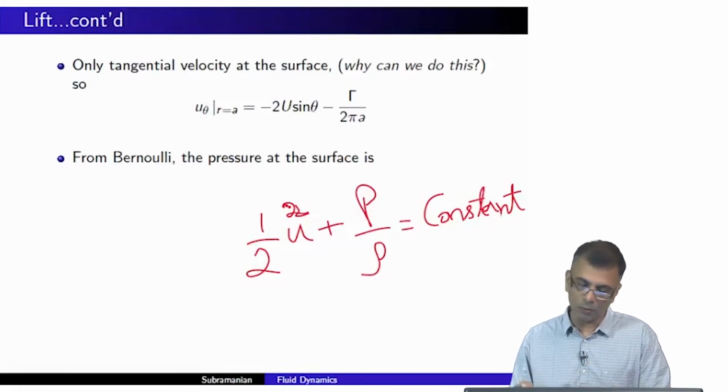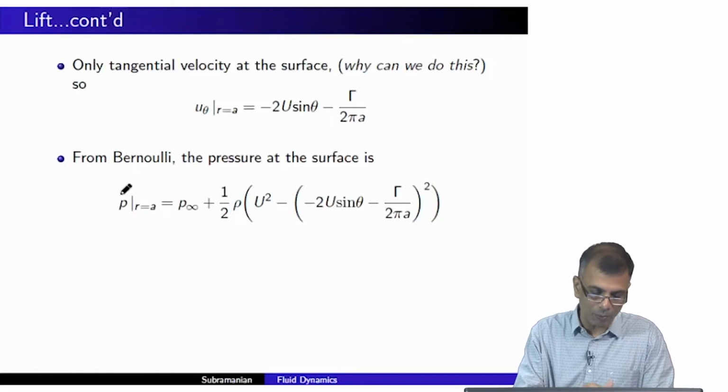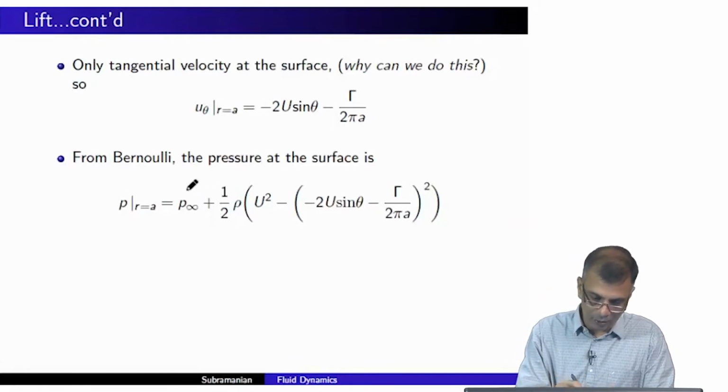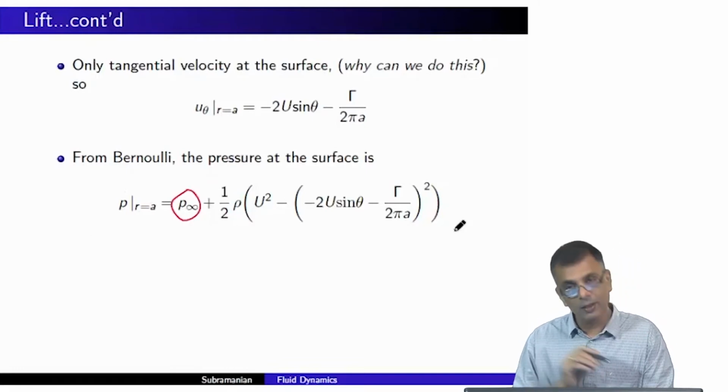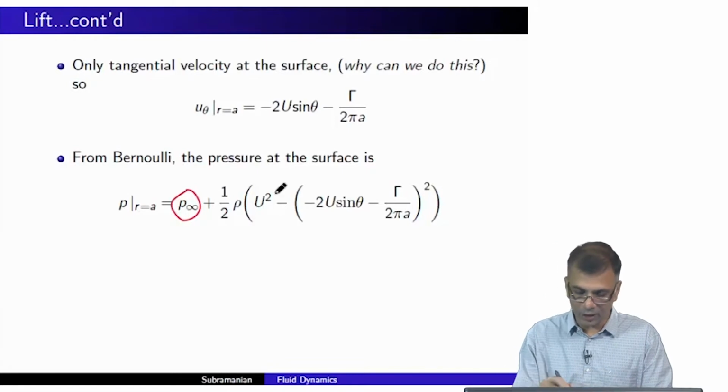So from that we get the pressure at r equals a. We can relate the pressure at the surface of the ball to the pressure at infinity. This is the pressure at infinity, like this. So the velocity at infinity is this.